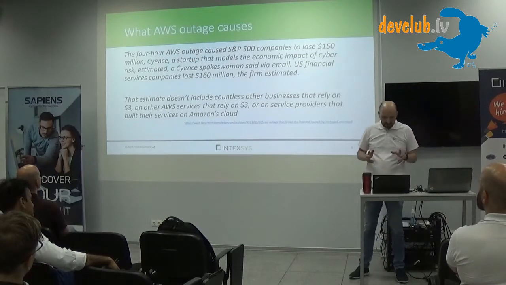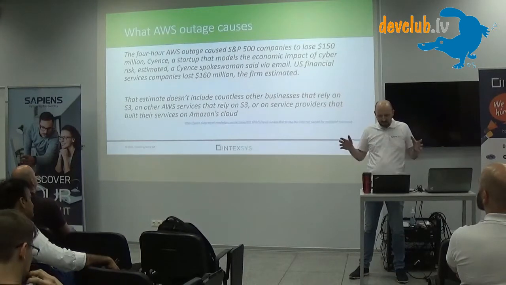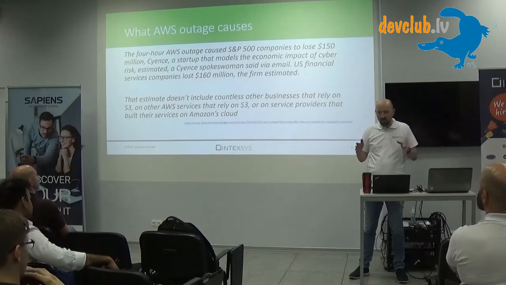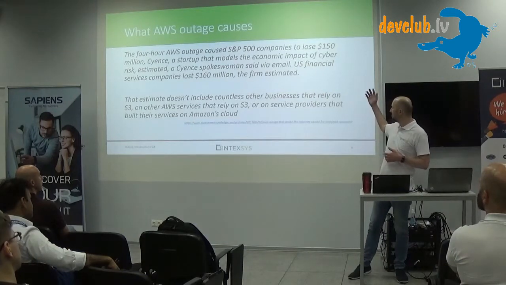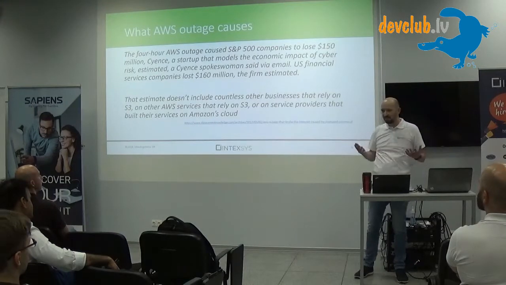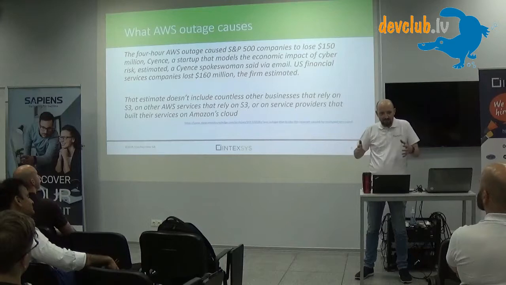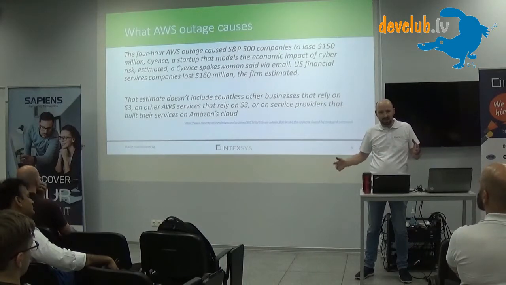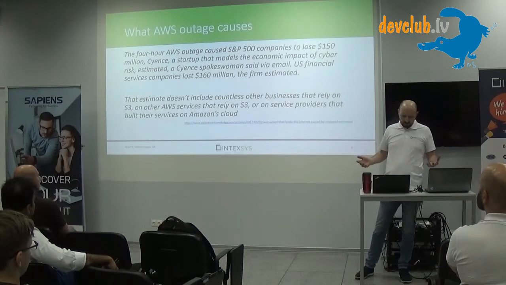It was quite significant. The total losses of the S&P 500 companies are estimated at 150 million. And that's just the top 500 companies. There are thousands of other companies which also lost some business, some money due to the AWS outage.